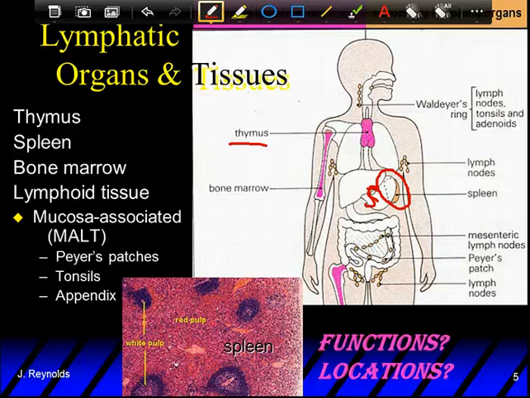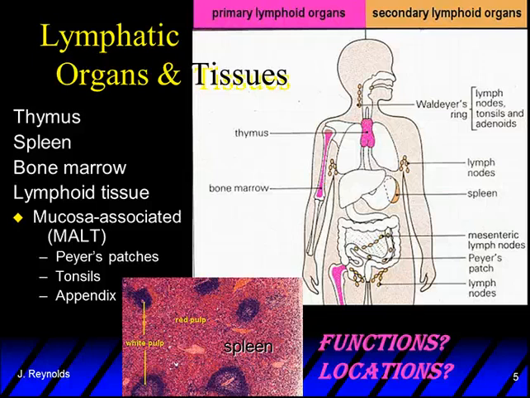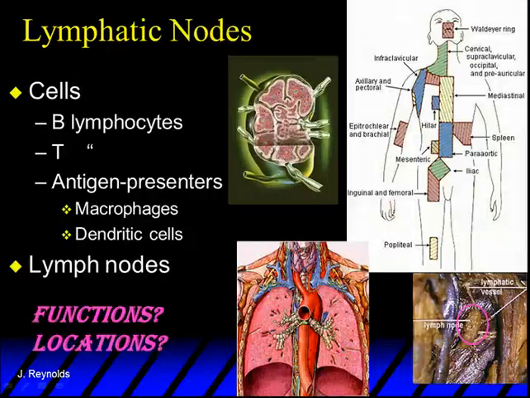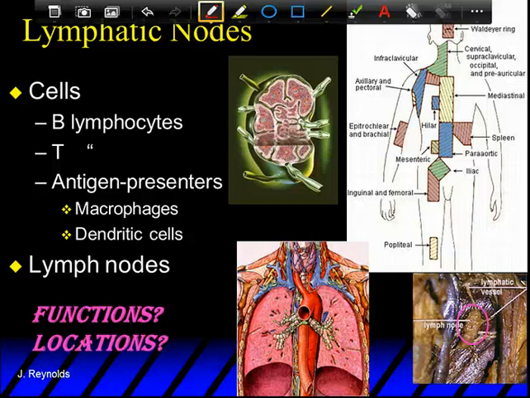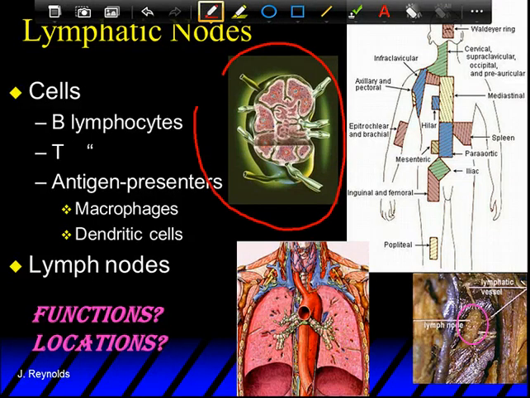Then you've got lymph nodes. Let me go to lymph nodes and show you. I showed you some of the main ones, but on this picture on the right you see there's bunches of lymph nodes all over the place. So these are clusters of where you find lymph nodes. You got a picture right here, a diagram of lymph nodes. Notice that you can see some valves. Nice view of valves right there.